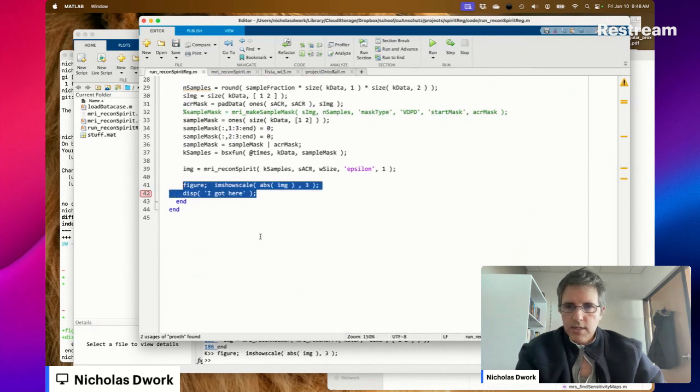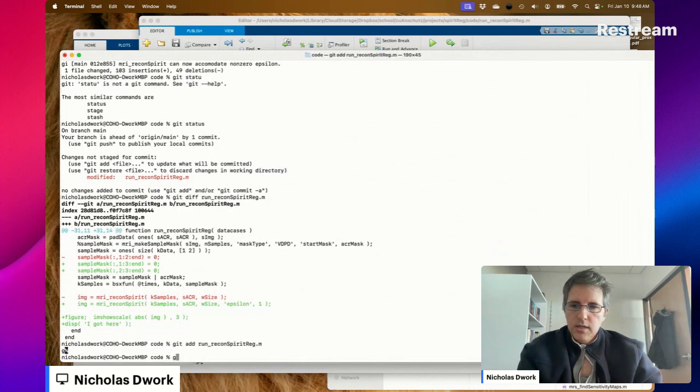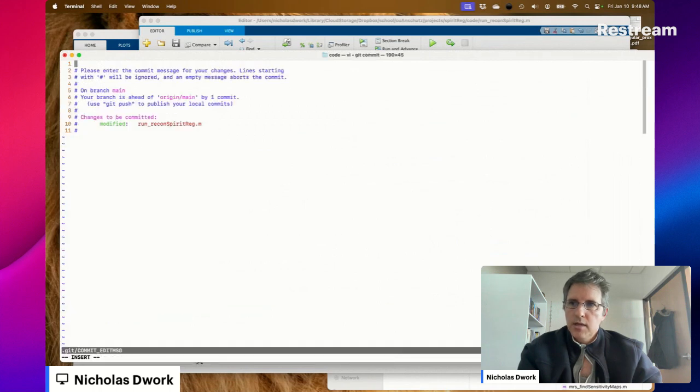We're going to leave that for a long time. Well, we don't need to check that. Oh, I guess git add run recon SPIRiT, git commit: made test more difficult by undersampling more.